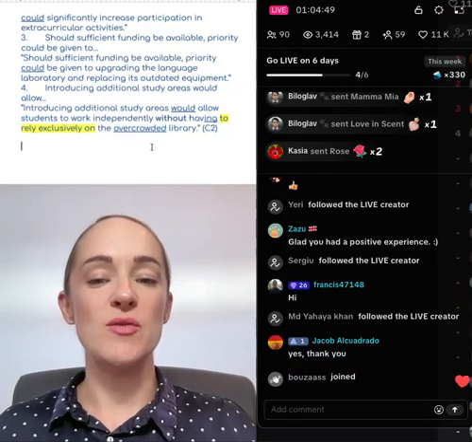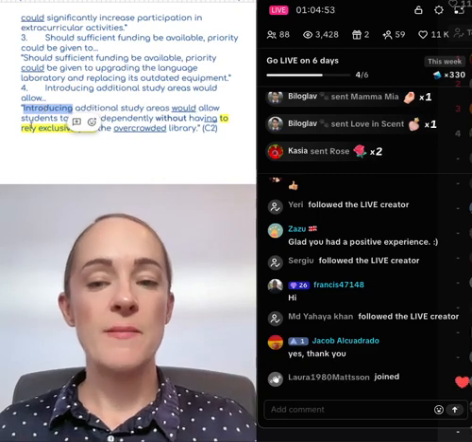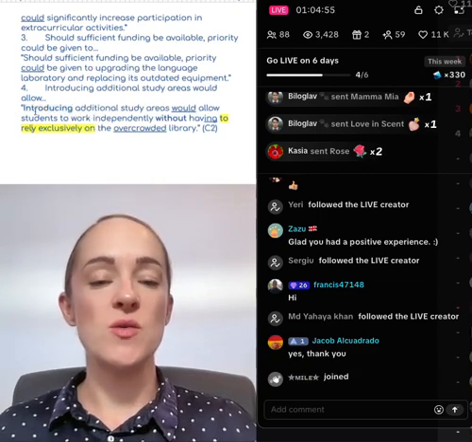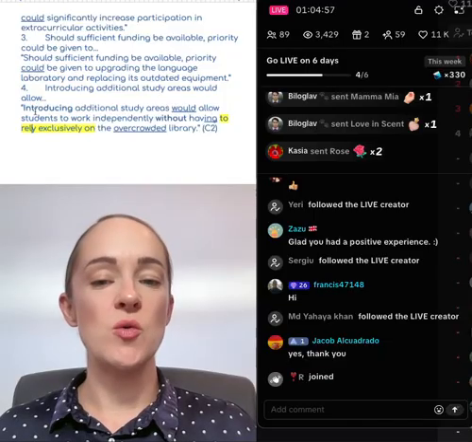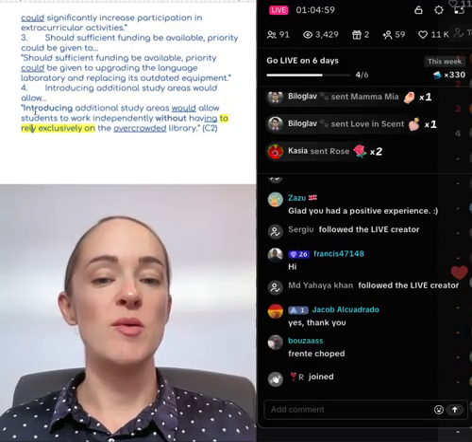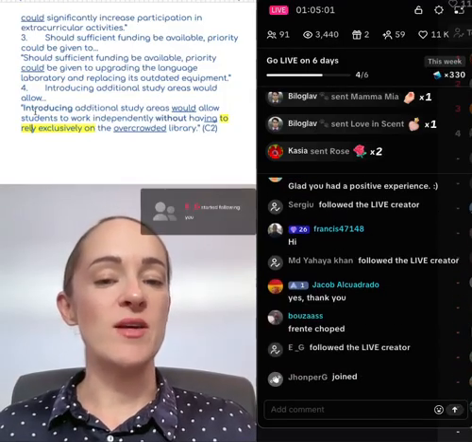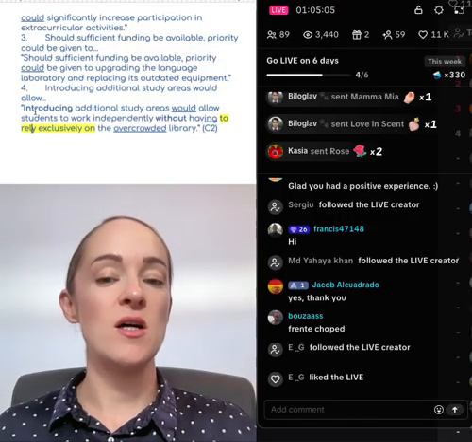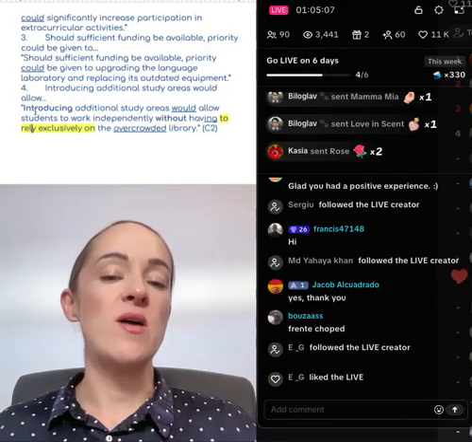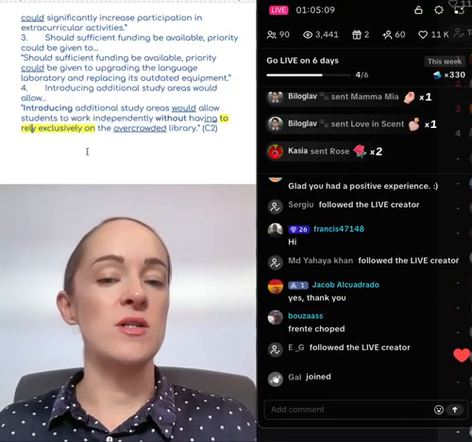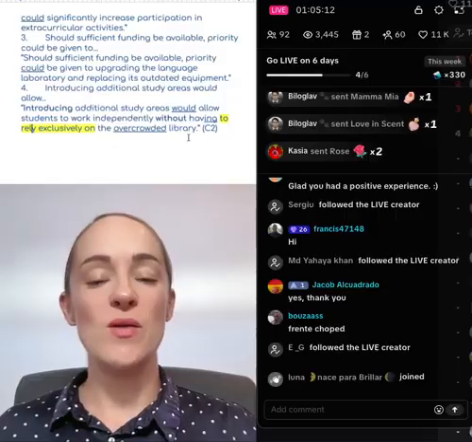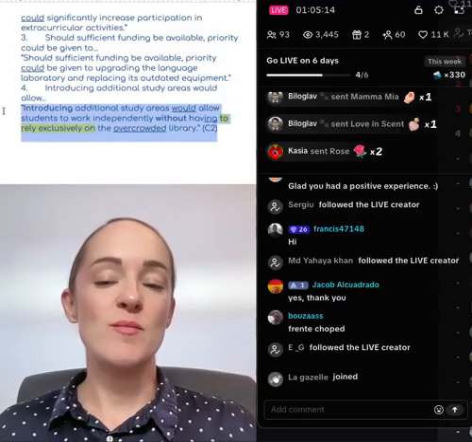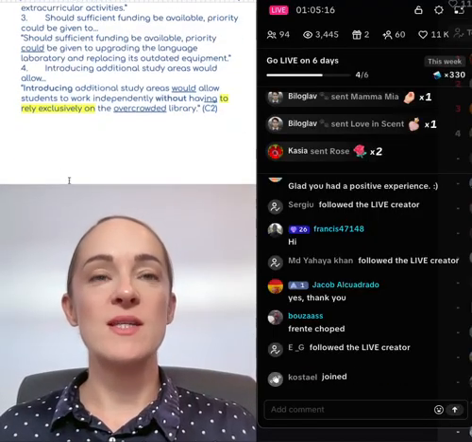So it's a real mouthful, and plus you're beginning the sentence with the gerund also. Introducing additional study areas would allow students to work independently, adverb, without having, preposition plus gerund, rely exclusively on, not just rely on, and then you have the adjective overcrowded before library. You would blow them out of the water with a sentence like that.